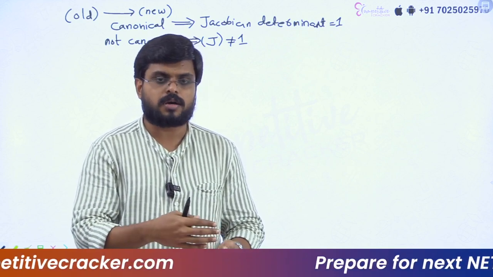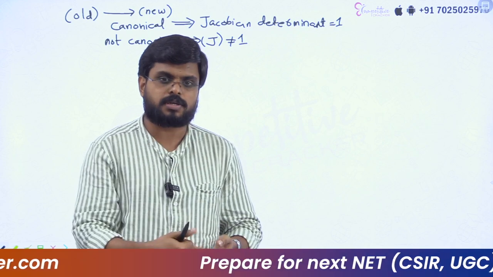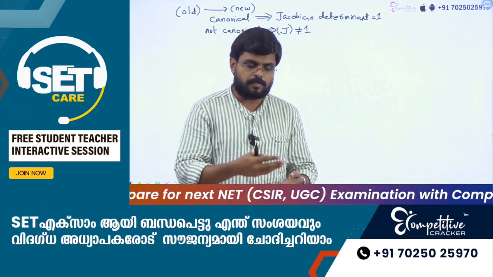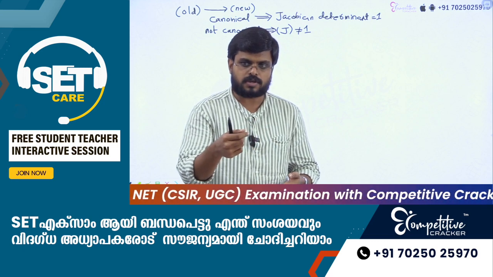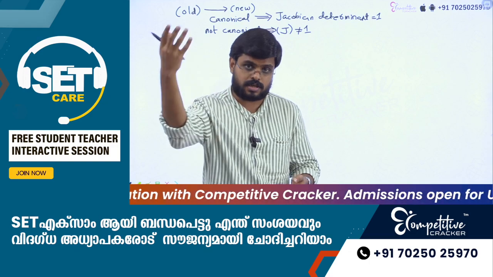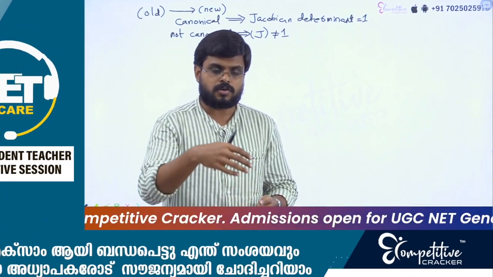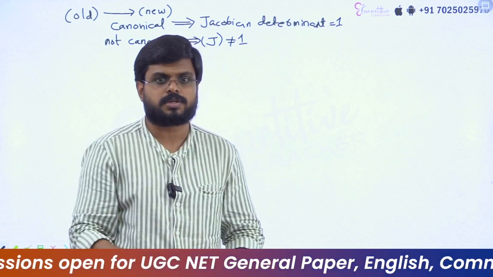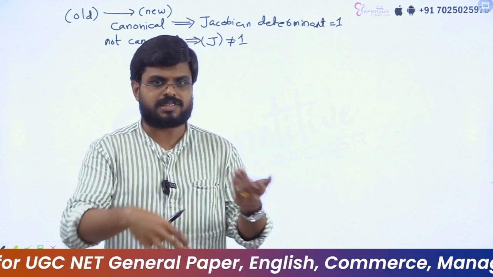You will be given some transformation and asked to find whether it is canonical or not. You will be given a transformation and asked to find the generating function, or you will be given a generating function and asked to find the transformation, and they will play with this.